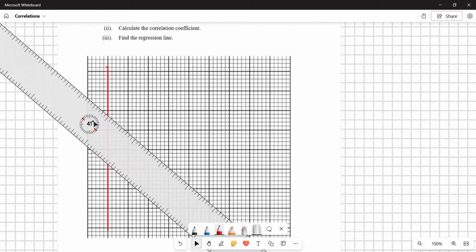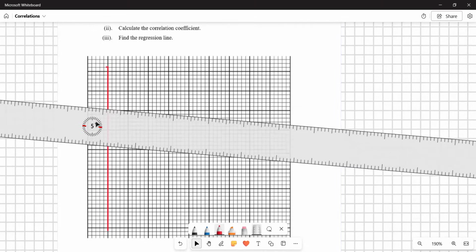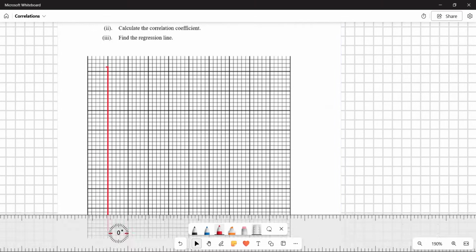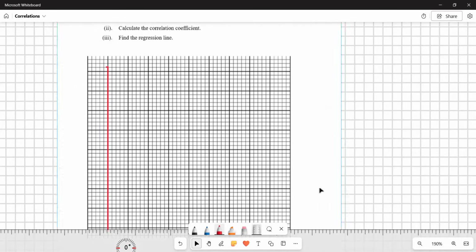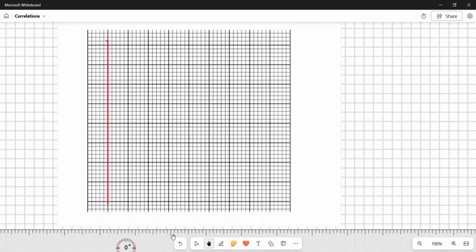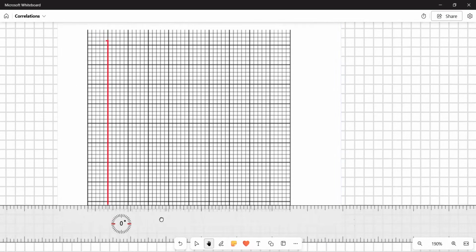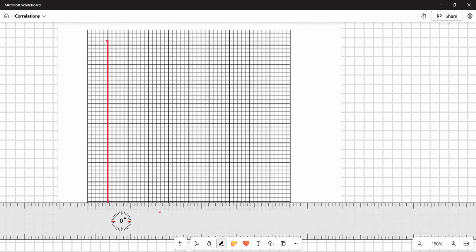Rotate the ruler here. From this corner, you can start scaling. 1 up to 6, 3, 4, 5, 6, 7, 8, like that.